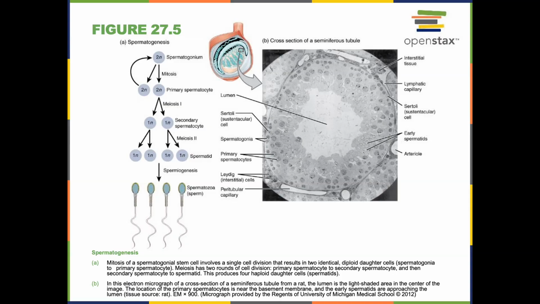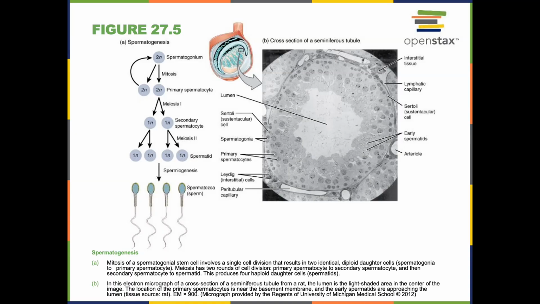As each of these daughter cells is produced, they will be pushed further towards the lumen so that the spermatids are found adjacent to the lumen and are released into the lumen as they enter the process of spermiogenesis, where a spermatid will mature into a spermatozoa, or mature sperm cell, that will develop a tail to propel itself through the female reproductive tract to find the developing oocyte and initiate the process of fertilization.